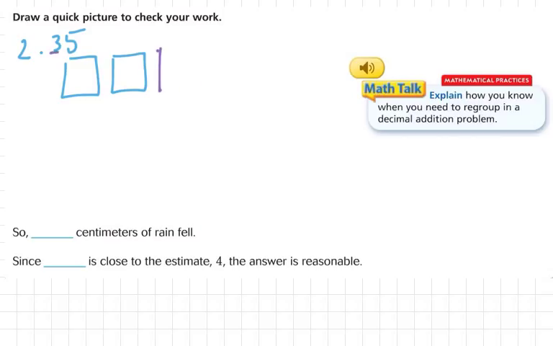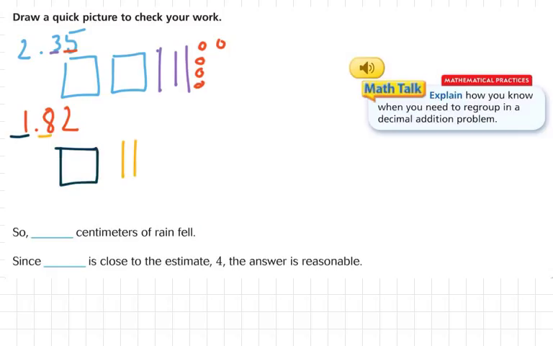Now we're going to add that to 1 and 82 hundredths. So 1 one, 8 tenths, and, last but not least, 2 hundredths.